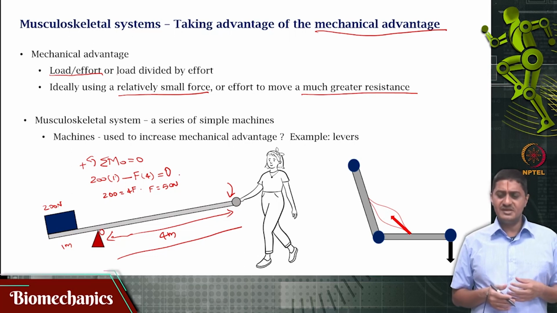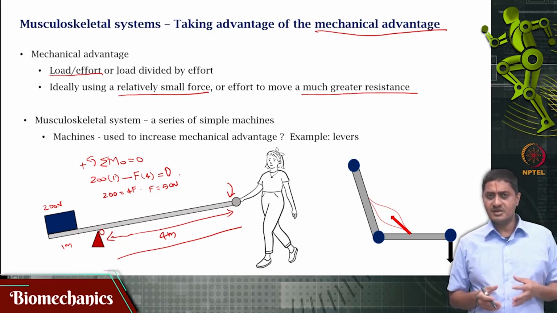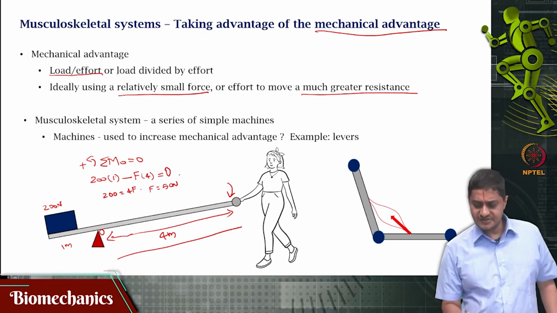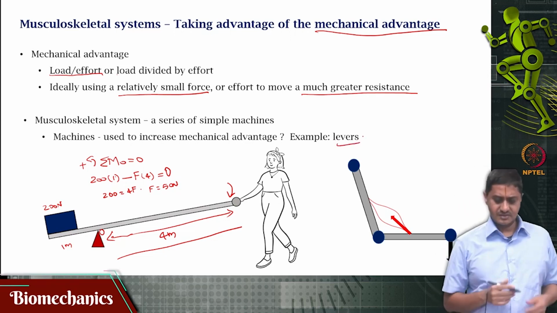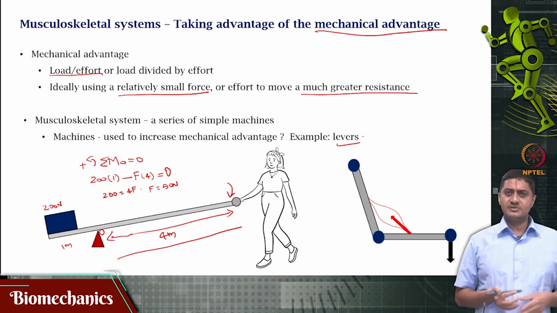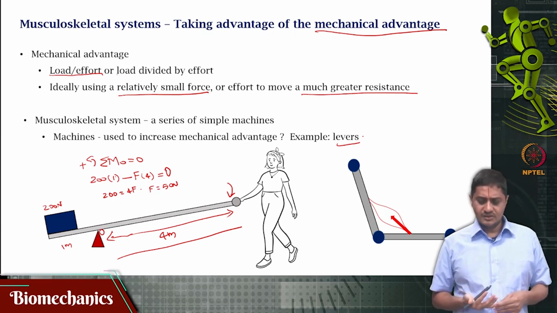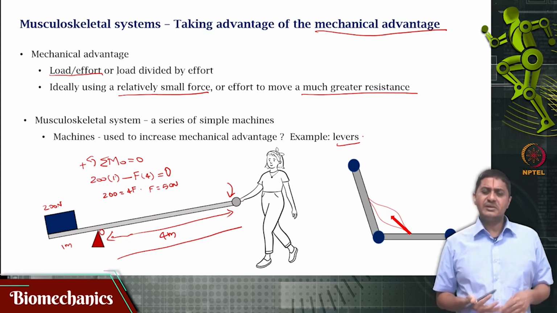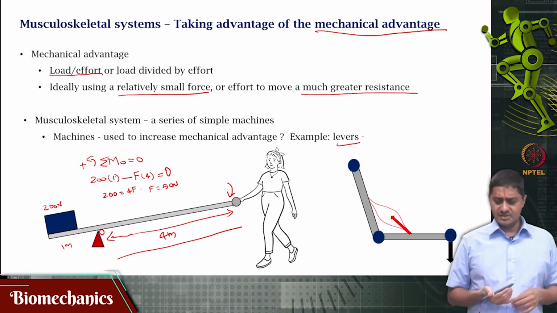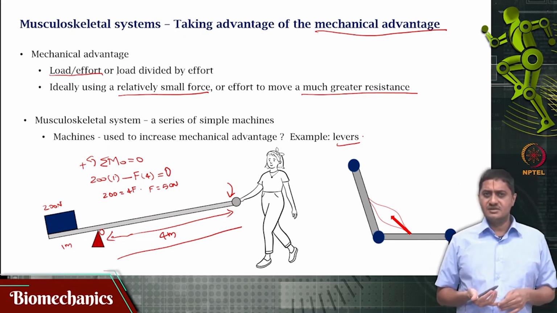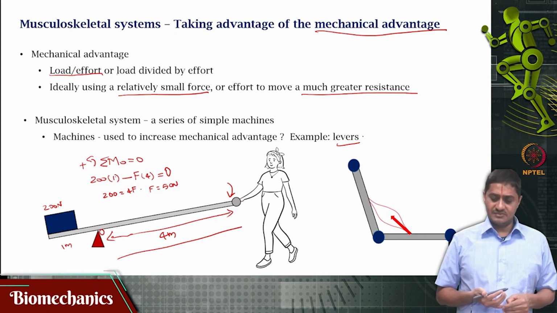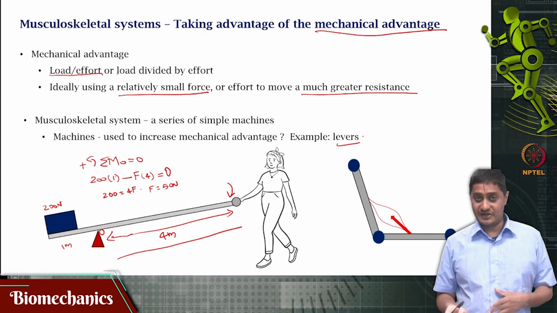For example, many times our human body uses levers, right. These machines are used to increase mechanical advantage, but there are also cases in which mechanical advantage is not there. Actually, in some cases there is a clear mechanical disadvantage.